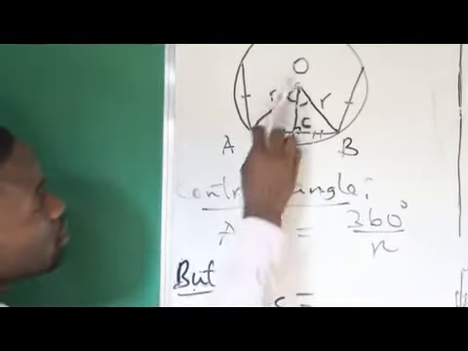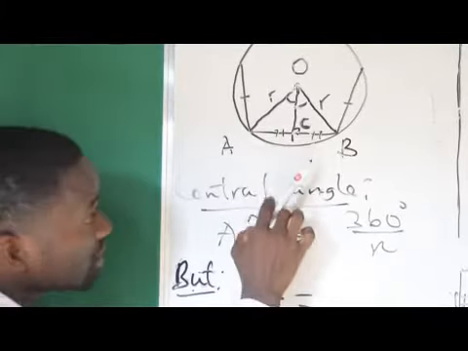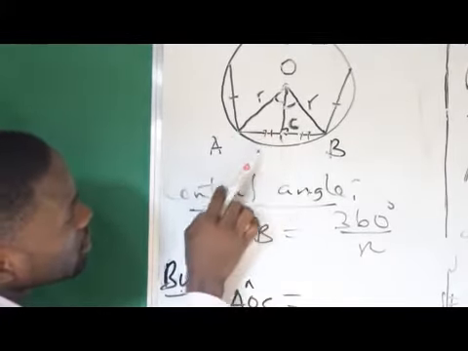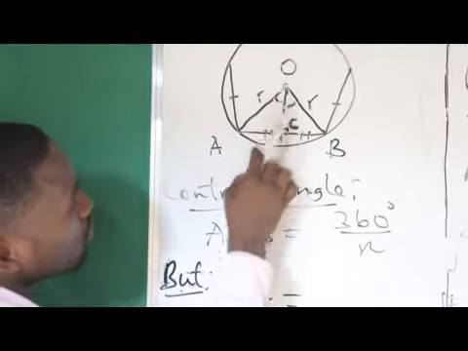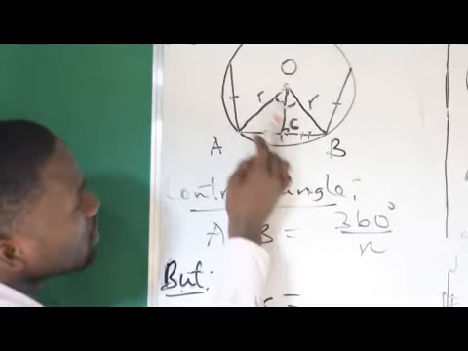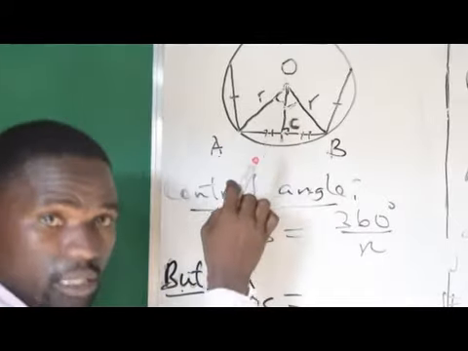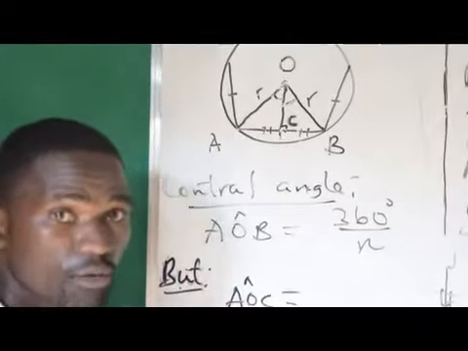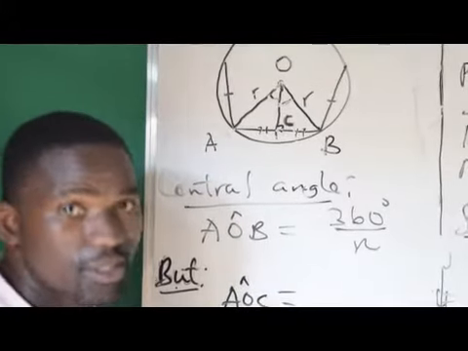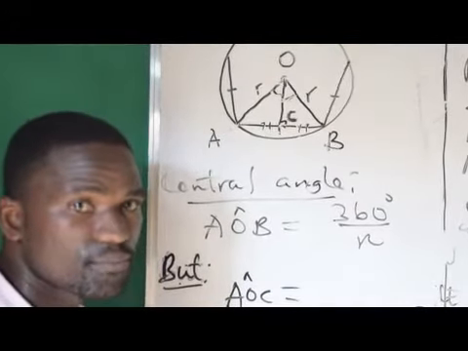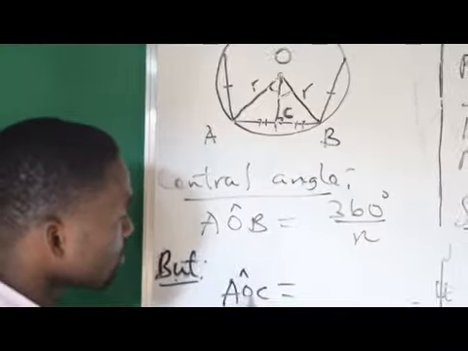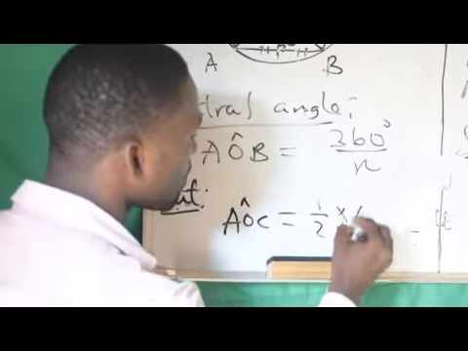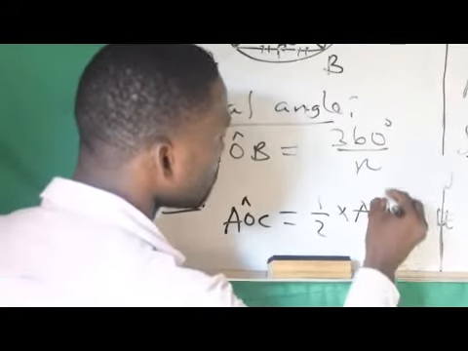You can see, because OC is a perpendicular bisector, this angle AOC is equal to half of the total. So if the total angle AOB is, for example, 60 degrees, that means AOC is going to be 30 degrees, half of 60. Now angle AOC is given by a half times the angle AOB.